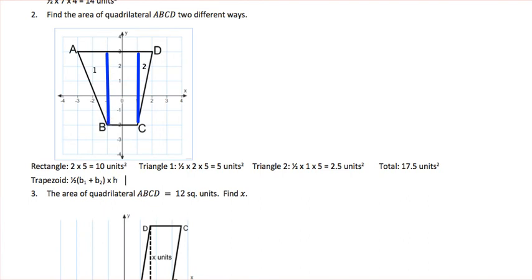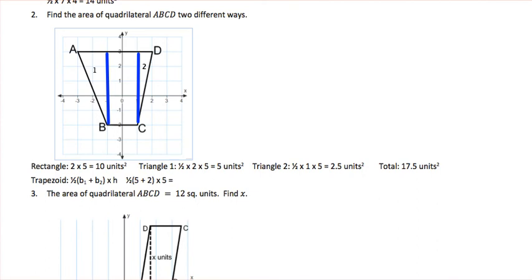Now with this formula then, we'll substitute 1/2 times base 1, which is 1, 2, 3, 4, 5, plus base 2, which is 2, times the height, which is also 5.